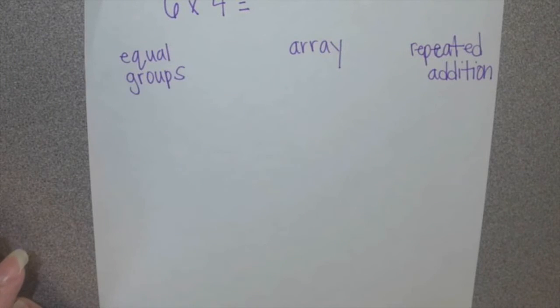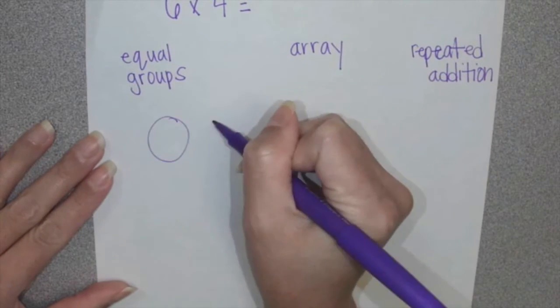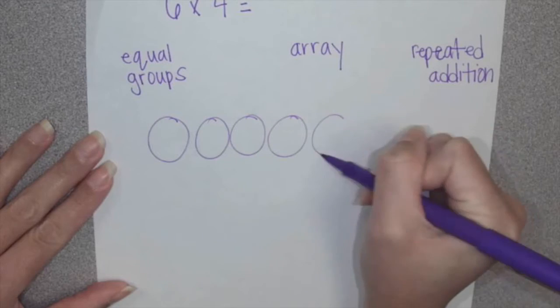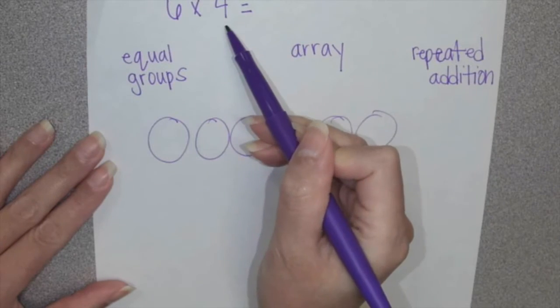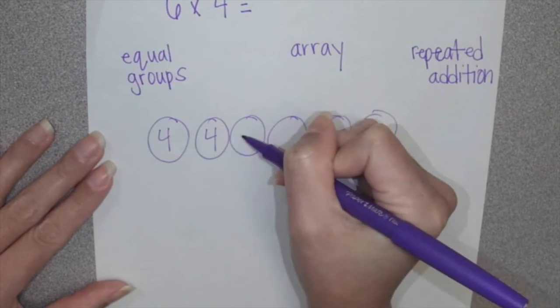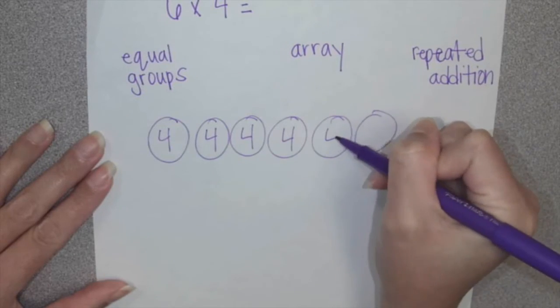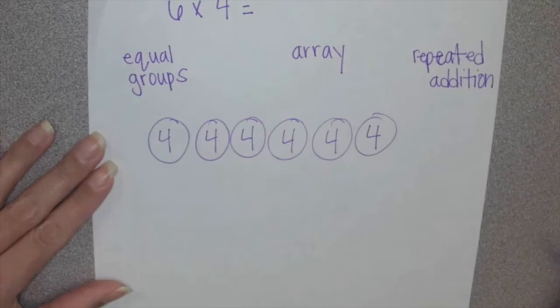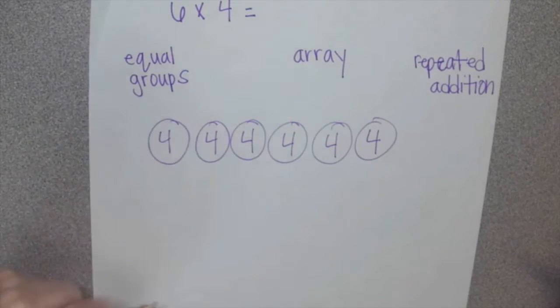If I don't want to use the double strategy or my 5 facts, you can simply draw equal groups, 6 groups. There are 4 in each group. You can draw 4 circles, whatever objects you want to draw inside of each group. Right now, I'm just going to put a 4 inside of each group.